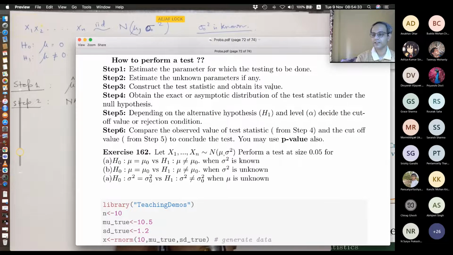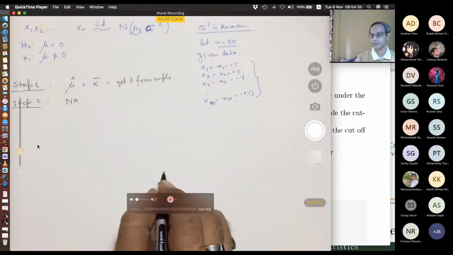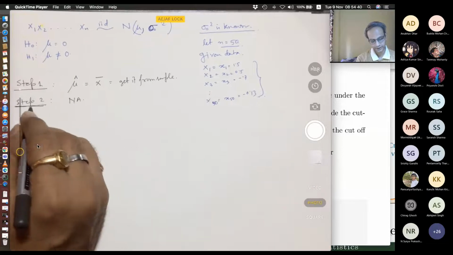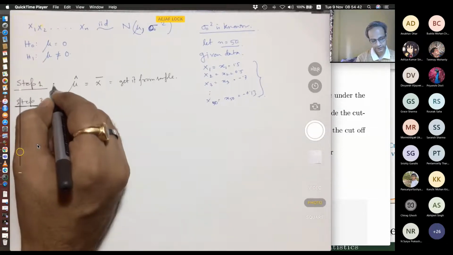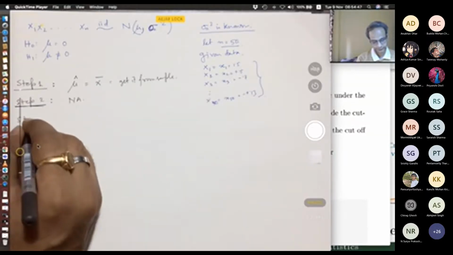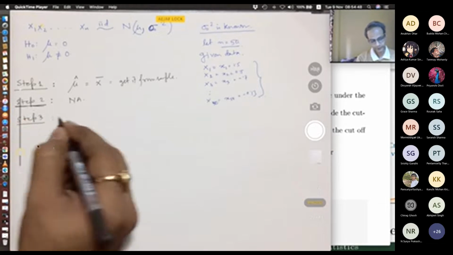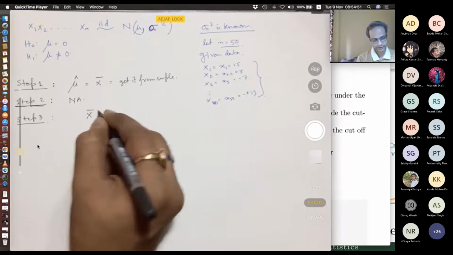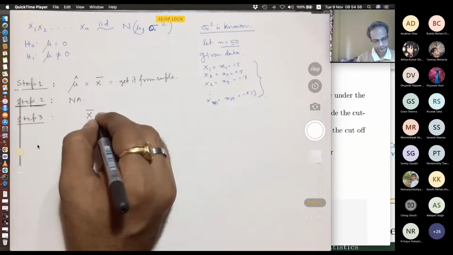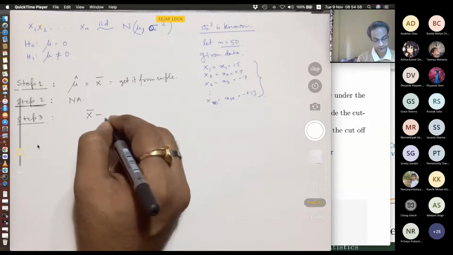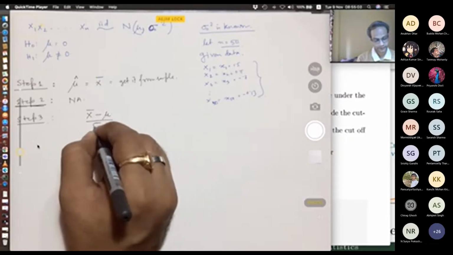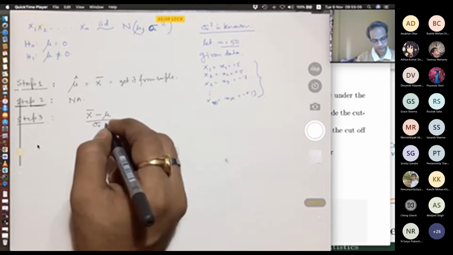Construct the test statistic and obtain its value. When we are talking about construction of the test statistic, it eventually means that you need to do a pivoting. Step 3: you need to study x bar minus, let's say, mu, divided by sigma naught over root n.